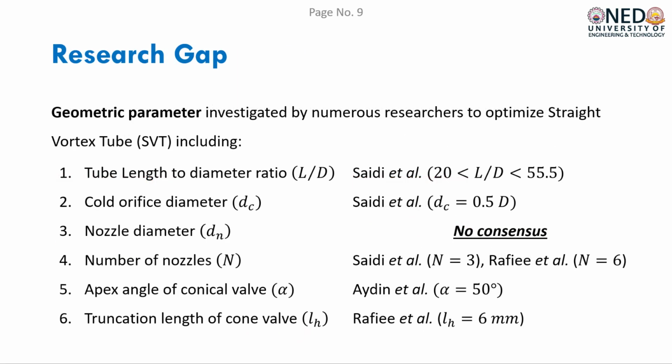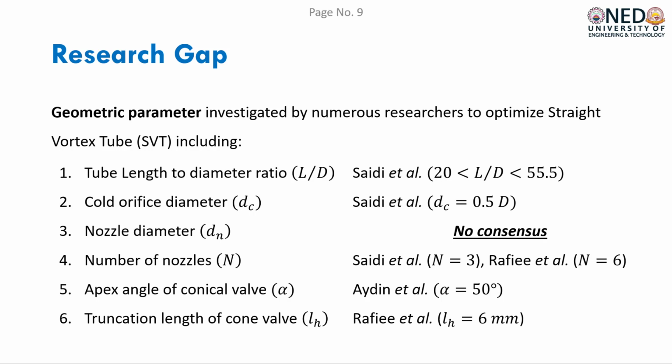Various researchers have performed experimental and computational studies on the straight vortex tube, which include tube length to diameter ratio, cold orifice diameter, inlet nozzle size and number of nozzles, as well as angle and truncation of the conical valve.